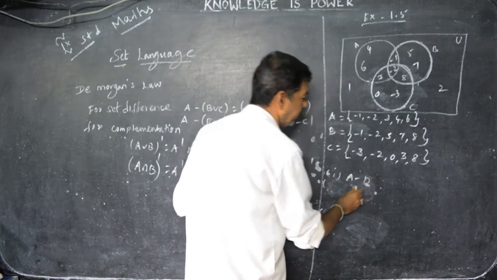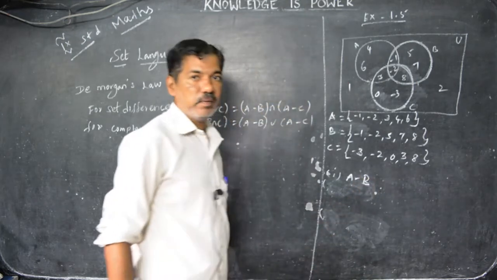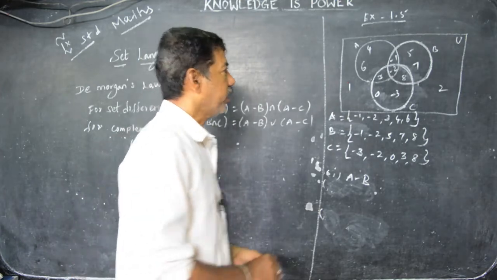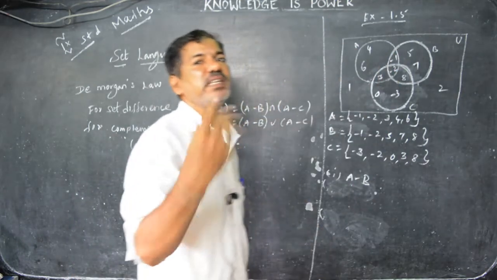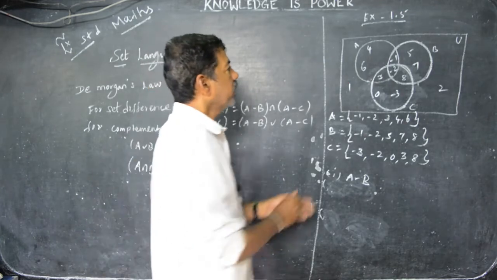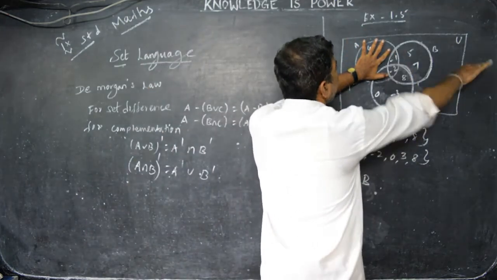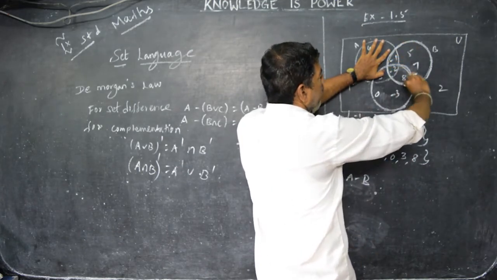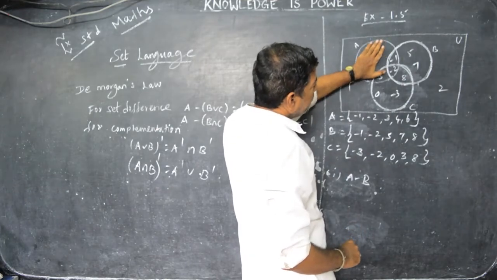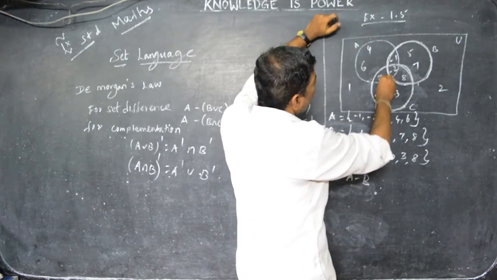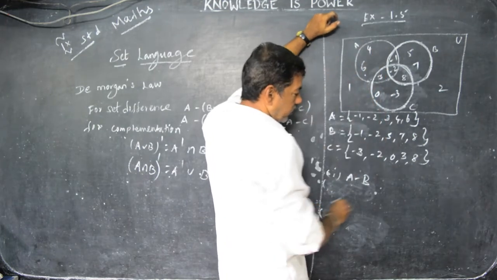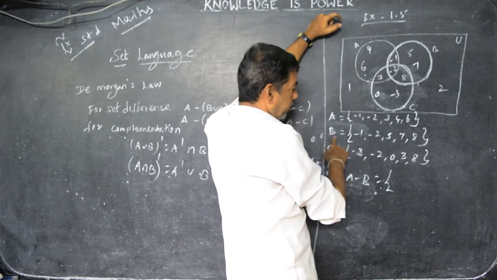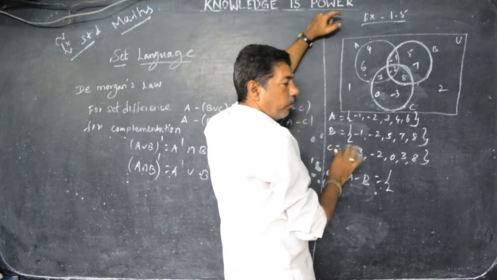A minus B. ஏலேருந்து பியை மைனஸ் பண்ணும். டயக்ராம் கொடுத்துருக்கிறதுனால ரொம்ப ஈஸி. ஏல இந்த ஏரியாவை மைனஸ் பண்ணு. அப்போ மீதி என்ன ஏரியா இருக்கு? இது மட்டும்தான் இருக்கு. ஓகே, 3 4 6. இப்படி டைரக்டாக ஆன்சர் எழுதிடலாம். இல்லை A எழுது, B செட்டை எழுது, அப்படியும் போடலாம்.